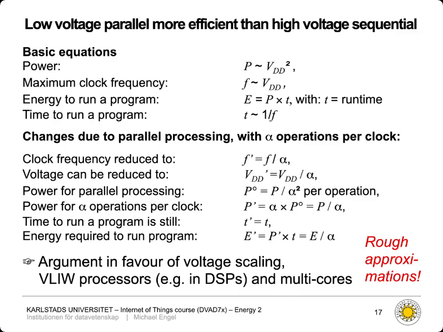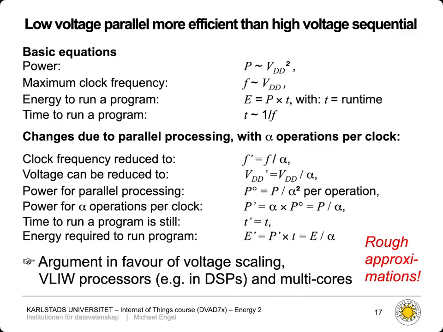The power for parallel processing is divided by the square of the operations per clock, but we need to consider that we're now doing alpha operations in parallel. It's just P divided by alpha. The time, that is our assumption, should stay the same.